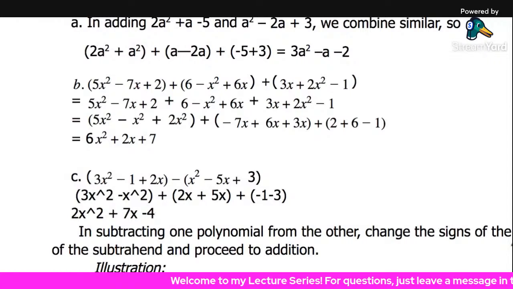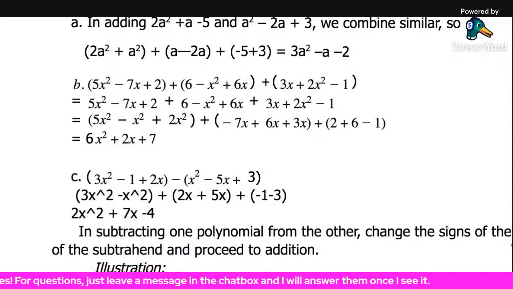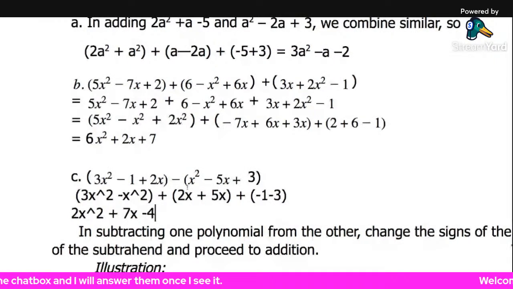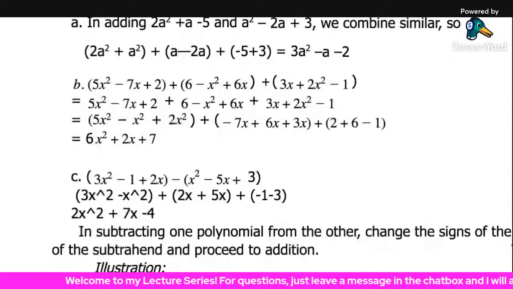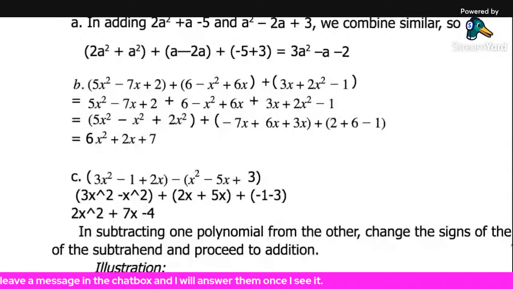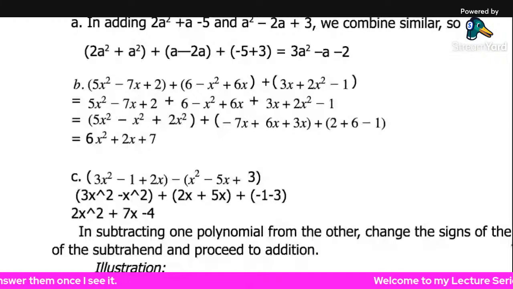I think it's the same answer as Christine's. Raylene, I think what happened to you is you failed to recognize the minus sign between the two grouped expressions. Since there is a minus sign here, you have to multiply it with all the terms on this side, because minus the quantity x squared minus 5x plus 3 is like saying negative 1 times x squared minus 5x plus 3.